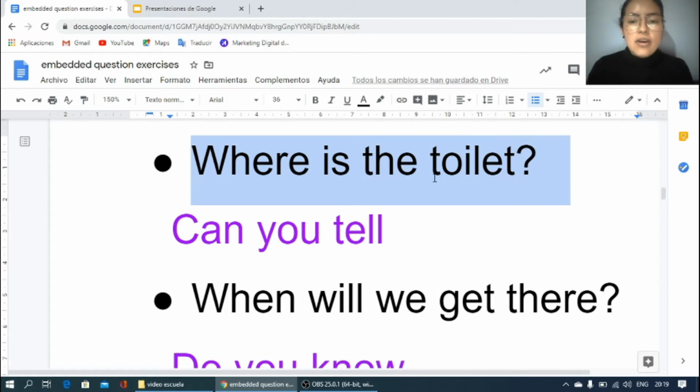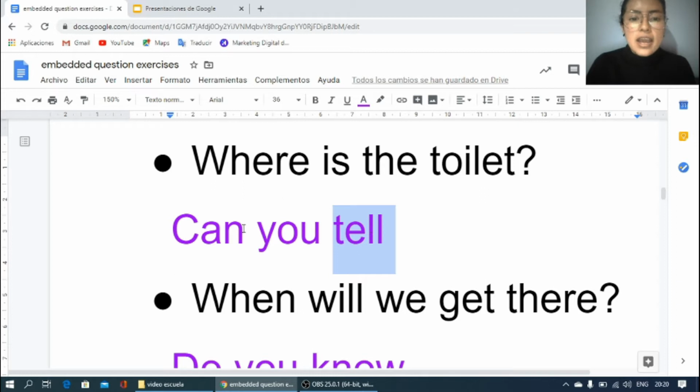This is a regular question or normal question. But if I want to change this question into an indirect question, I have to add an introduction. The introduction can be affirmative, negative, or a question. Okay? In this case, I use an introduction question.